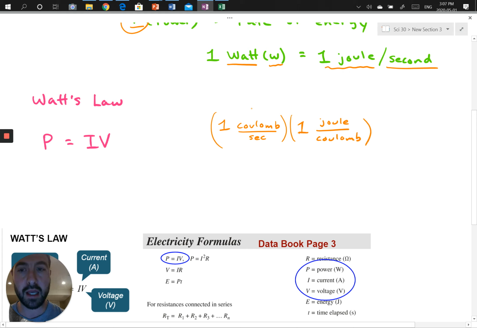This is your I, your current, and this is your V. When we multiply these, coulombs cancel out, and we get joules per second. So when we combine voltage and current, we get power. Power is a measure of joules per second, and the way that we say that is watts.